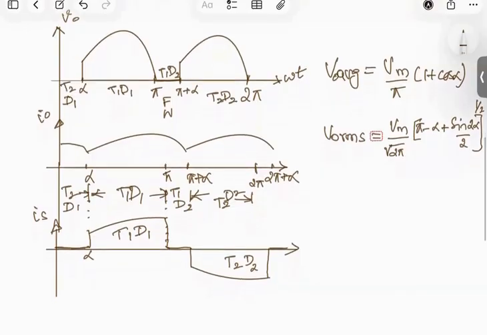Now we can see discontinuous conduction mode. In discontinuous conduction mode, we will have some period for which the output current I0 will be 0.